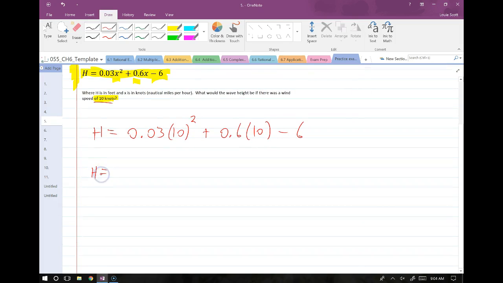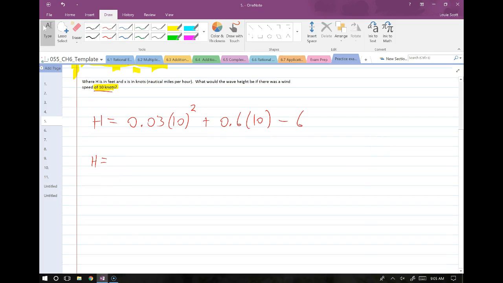I actually didn't need a calculator for this particular part, because when we multiply by 10 to the power of 2, this is really multiplying by 100. Maybe I'll do this so you can see the middle step, but I can already see what it's going to be. This is 0.03 times 100 plus 0.6 times 10, again, minus 6.